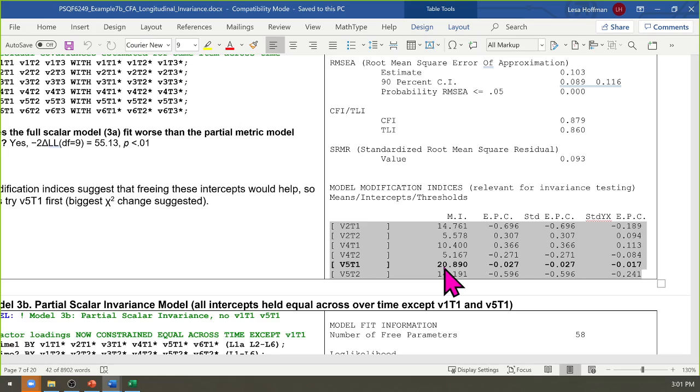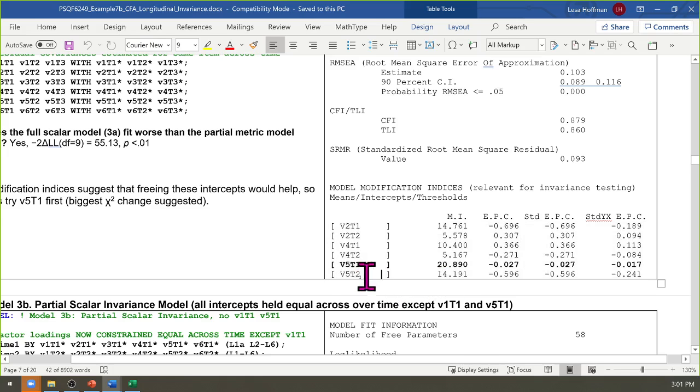So item 5 having all three constrained to be together is the problem. It's time 1 in particular that wants to be different from the other two according to this list as the biggest source of the problem. And then following that, same item at time 2. So whatever 5 means, it wants to be different at time 1.